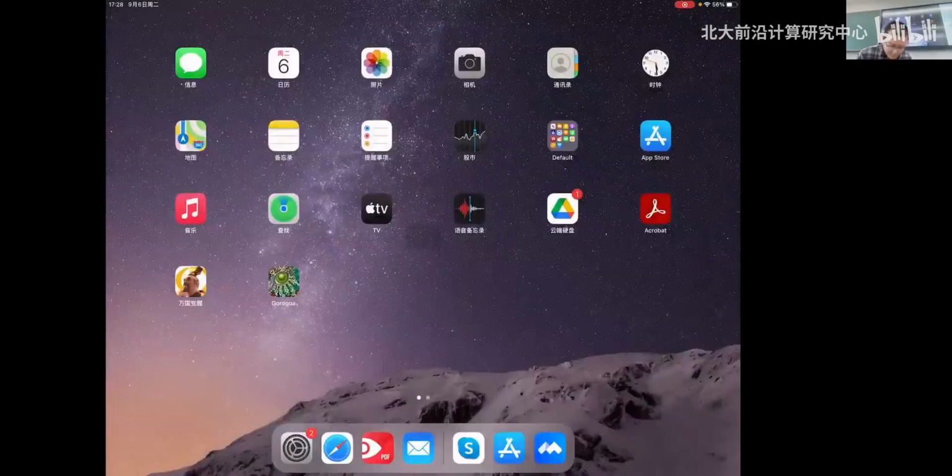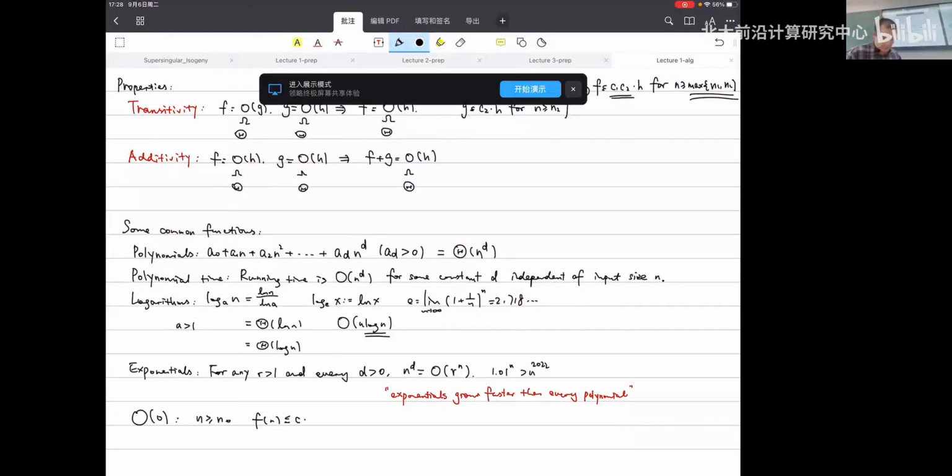If you have an algorithm that is bounded by constant time, it's actually pretty good. So if an algorithm is bounded by constant time, you can write f(n) is smaller than some constant times 1, and this just means f(n) is big O of 1. But if you consider big O of 0, then f(n) is smaller than C times 0, which is always 0, so this is not really something interesting.